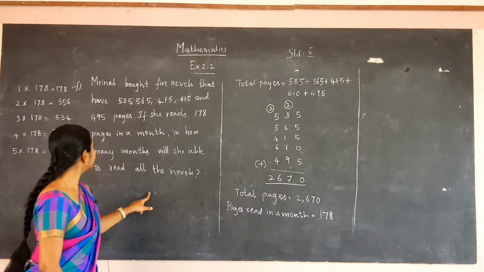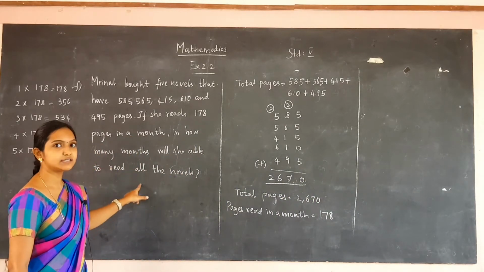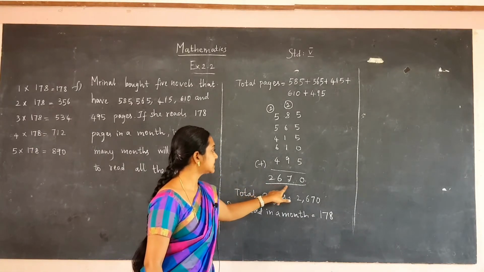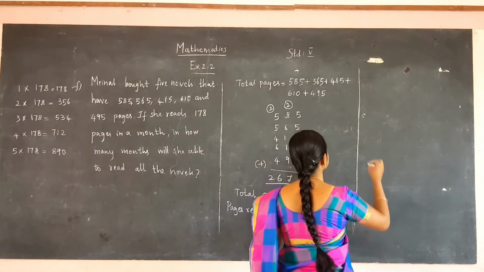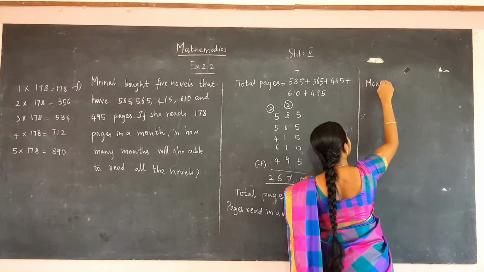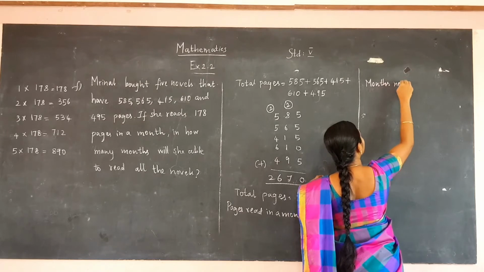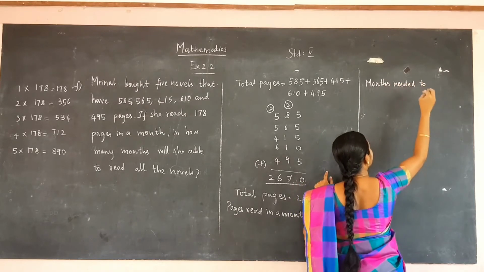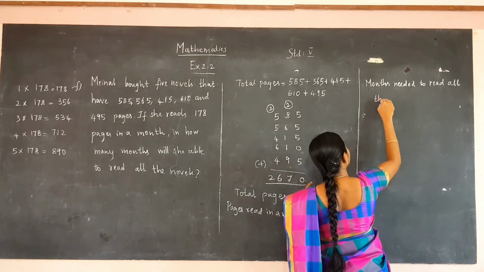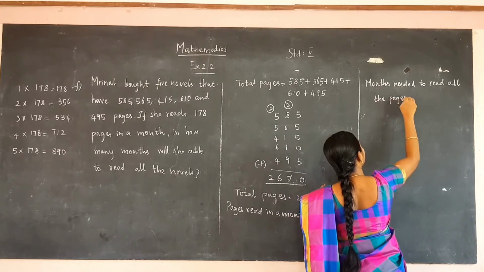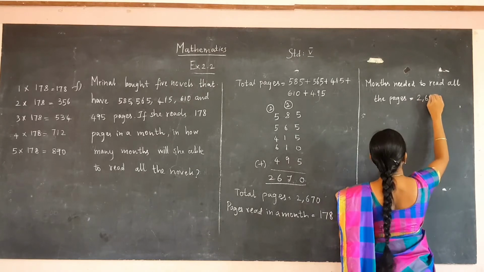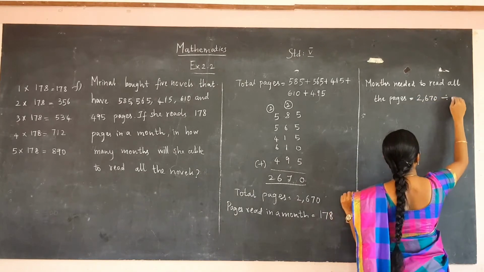Now we have to find in how many months she will read all the novels. So we have to divide 2670 by 178.